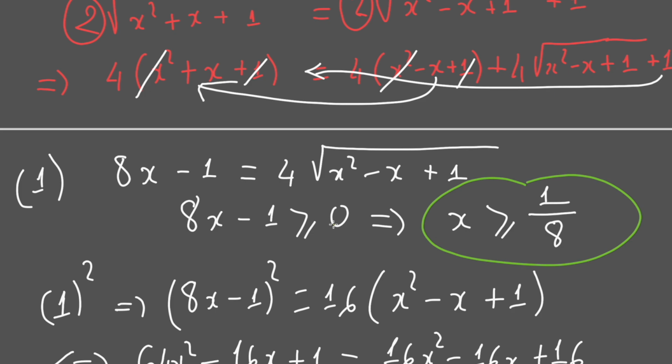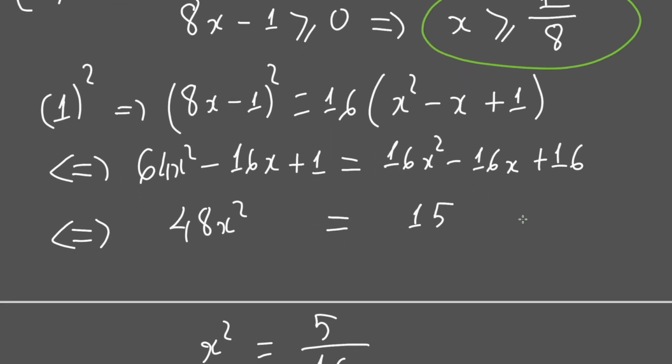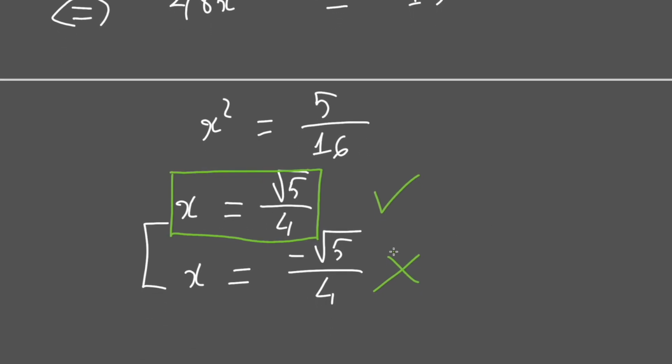For example, I had to check the x condition in this case, in equation 1. If not, you might receive wrong solutions. If you don't have that condition, you might accept this negative solution as well.